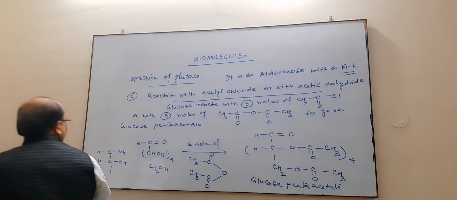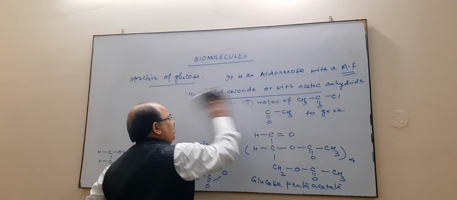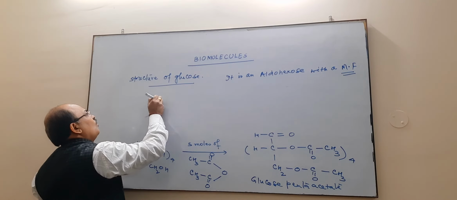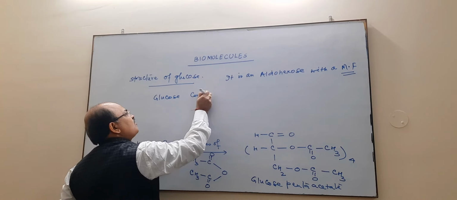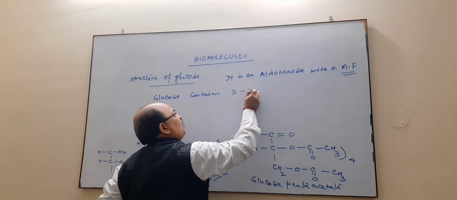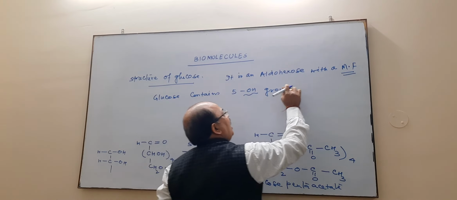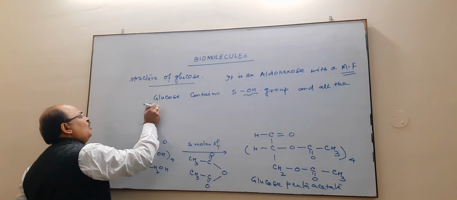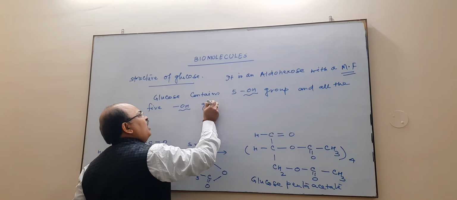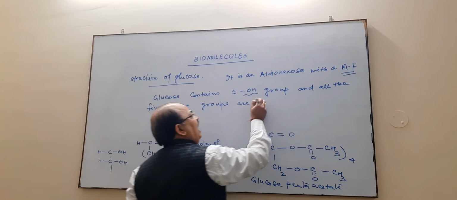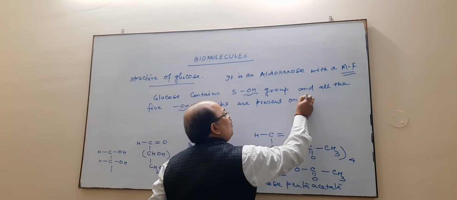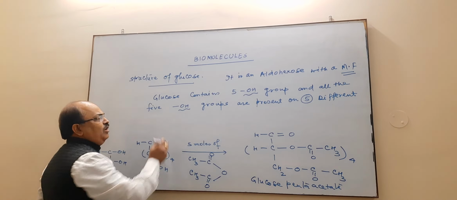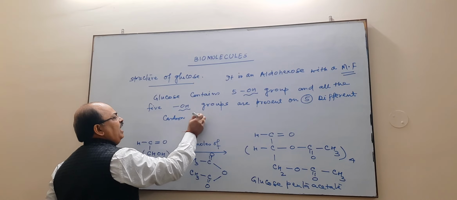So it means the inference is: glucose contains 5 OH groups, and all the 5 OH groups are present on 5 different carbon atoms.